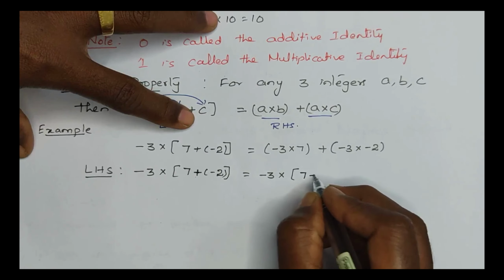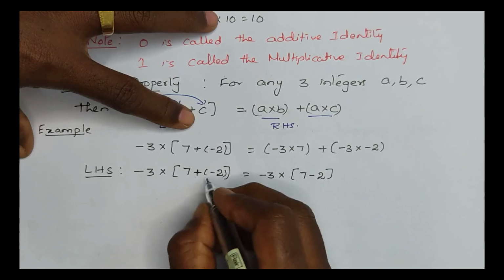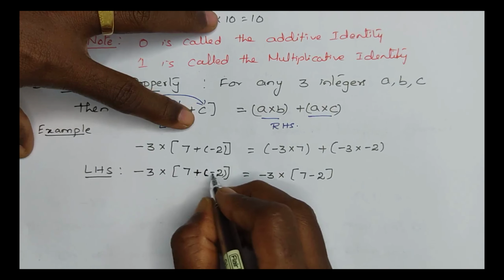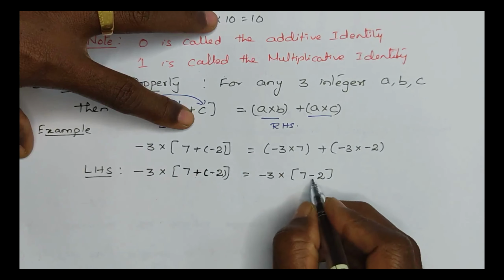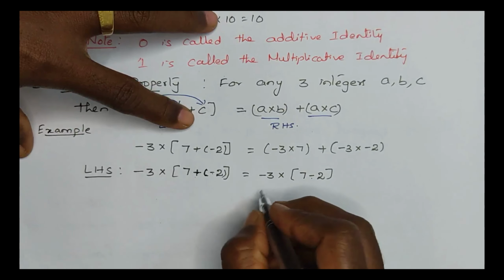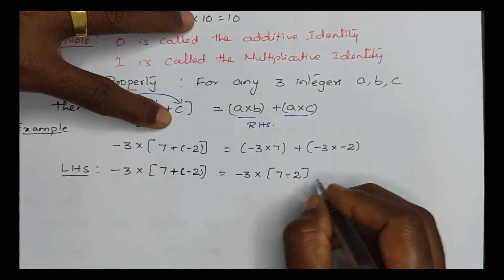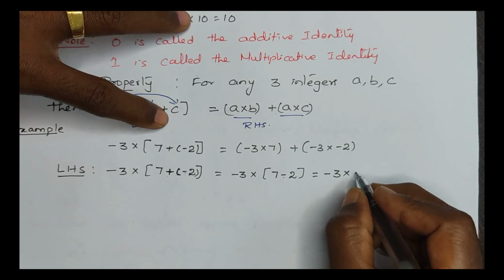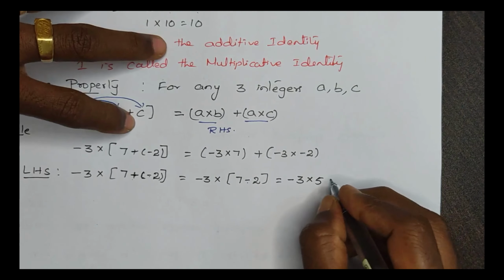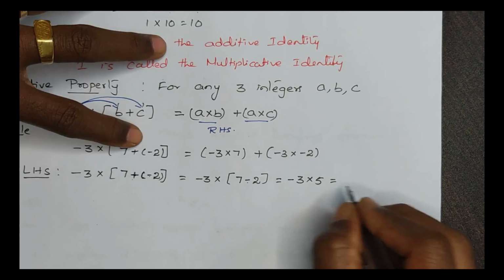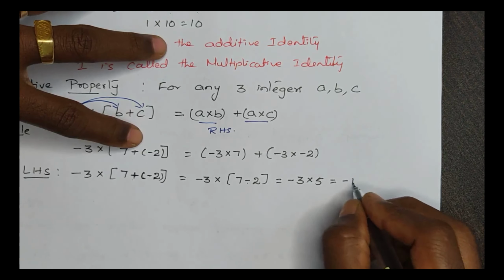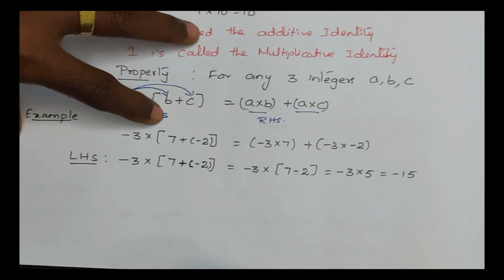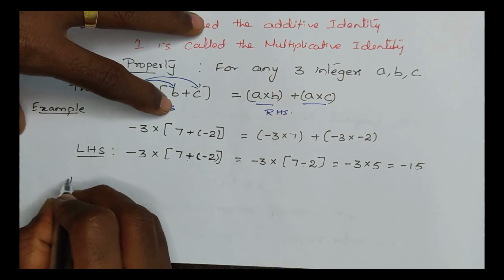It gives you 7 − 2. Plus into minus gives you minus. So this is −3 × (7 − 2), which is 5. Now the result is −3 × 5, which is −15. Clear? The same thing. Now let us take the RHS part.